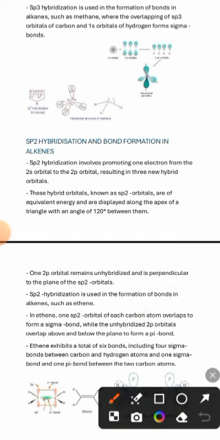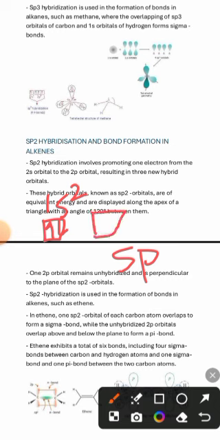Also, how are these sp2 orbitals formed? First, we know carbon has the 1s2 shell, although this shell is the inner shell, so it's not really participating in the chemical bonding process. So what we are interested in is this second shell, which is the 2s and the 2p orbitals.